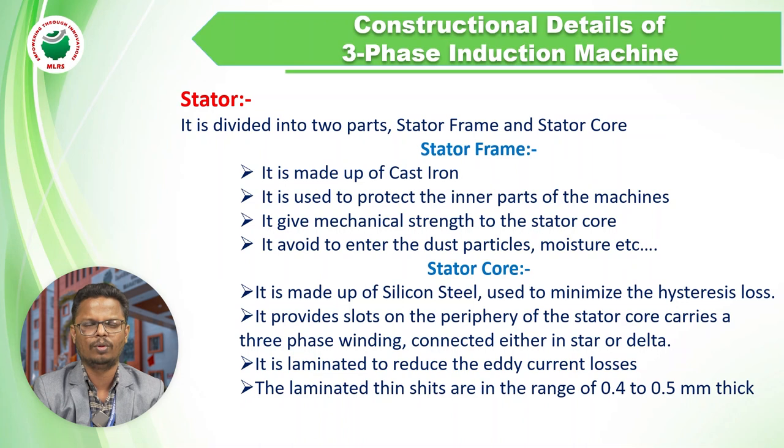The stator core has slots, and in this 3-phase induction motor we use semi-open slots. In these slots we keep the winding, and the stator core helps us make a distributed winding. It is also laminated, with 0.4 to 0.5 mm thickness. So this is about the stator frame and the stator core.